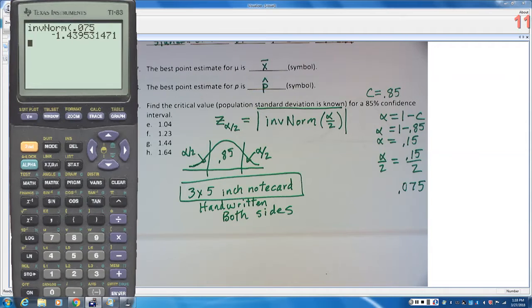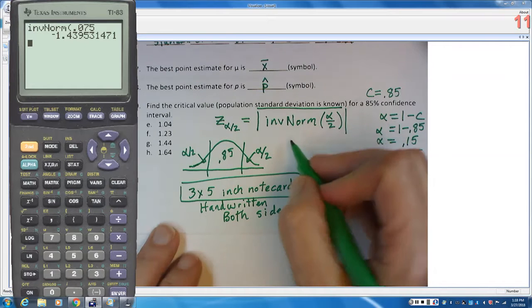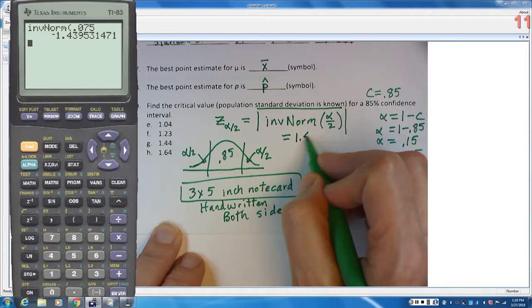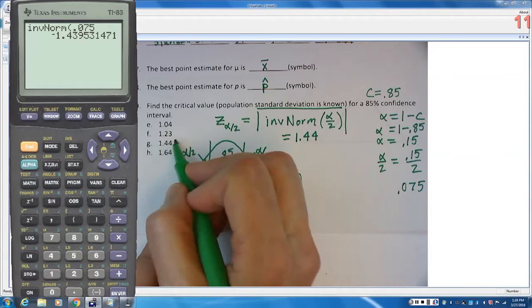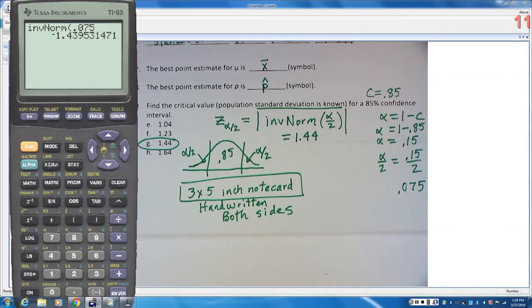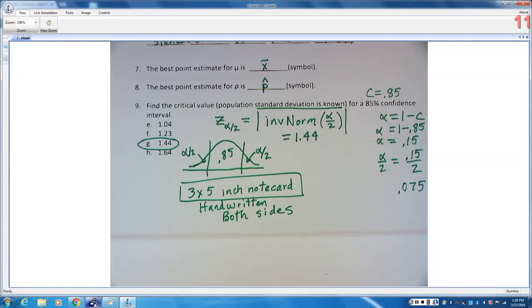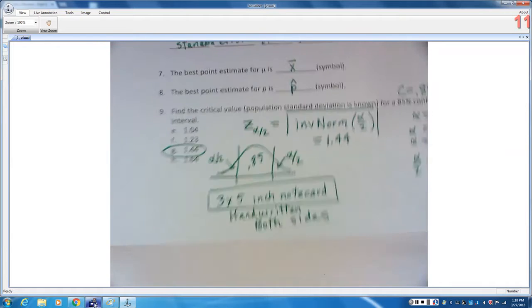And remember, you have to take the absolute value, so to two decimal places it's 1.44. So the answer is 1.44. Okay, so that's only worth 2 points, but you can put that on your note card.